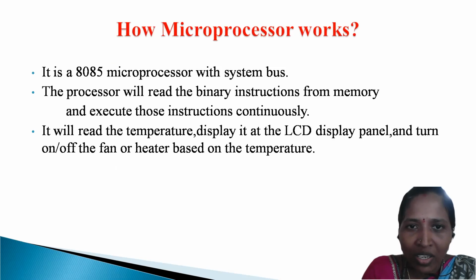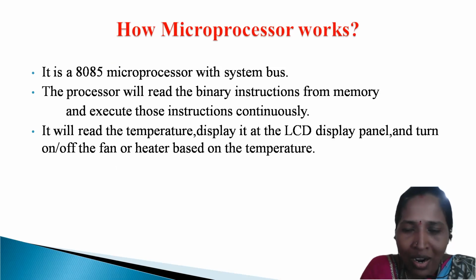Let us see how the microprocessor works in this temperature control system. Here we are using an 8085 microprocessor, which is 8-bit, along with the system bus, which is a data bus. The processor reads the binary instructions from memory and executes those instructions continuously.